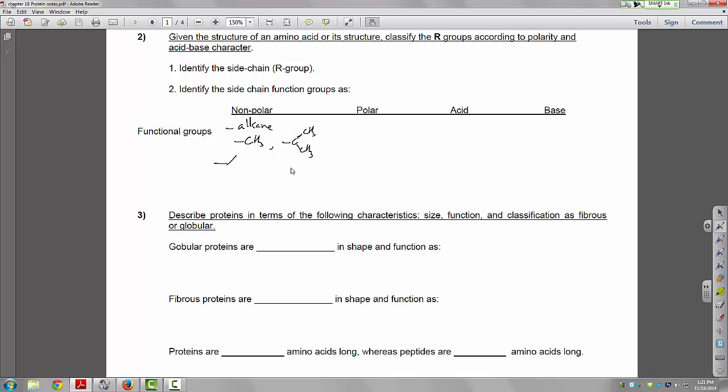It could be a benzene ring, like in phenylalanine or tyrosine. It could even have a thioether.